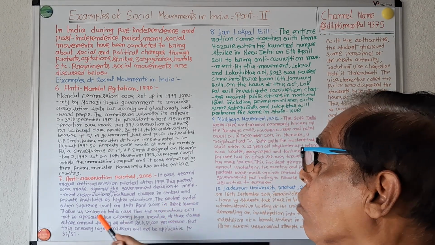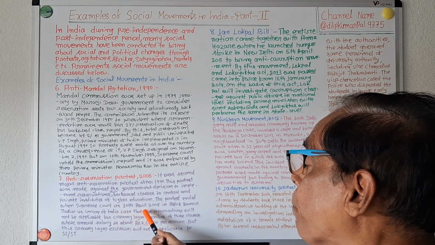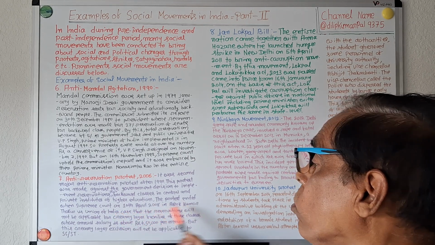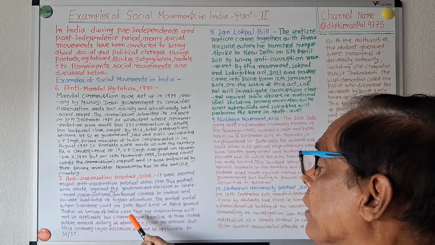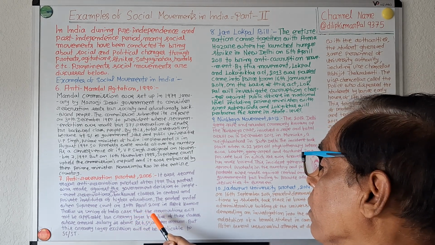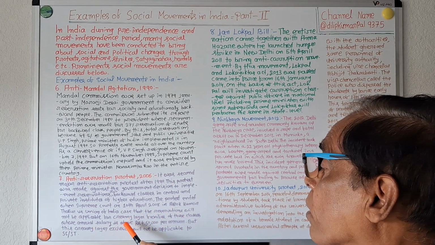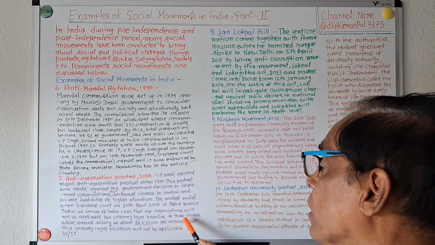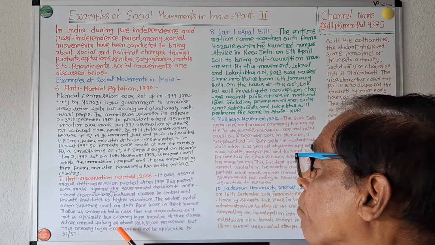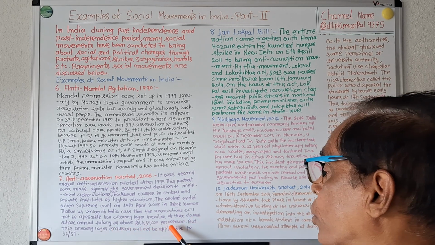The protest ended when the Supreme Court, on 10th April 2008, in the Ashok Kumar Thakur versus Union of India case, said that the reservation will not be applicable to creamy layer families of these classes whose annual income is above 4.5 lakhs per annum.